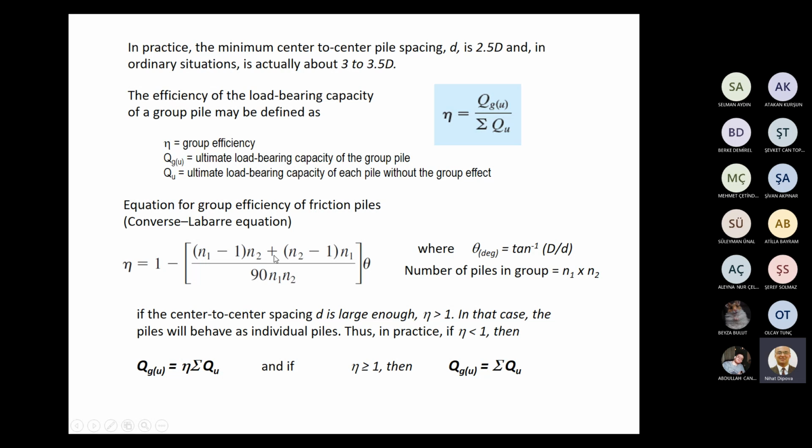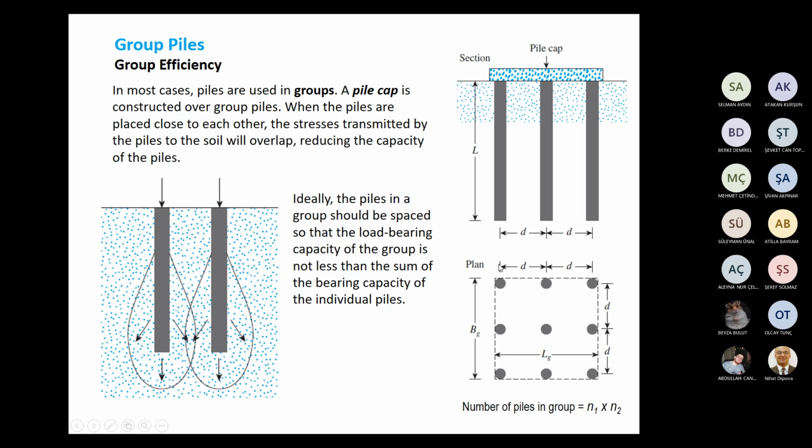N1 and N2 are the number of piles in a row and column, in other words, in the X and Y directions. For example, in this example, N1 is 3 and N2 is 3 again.